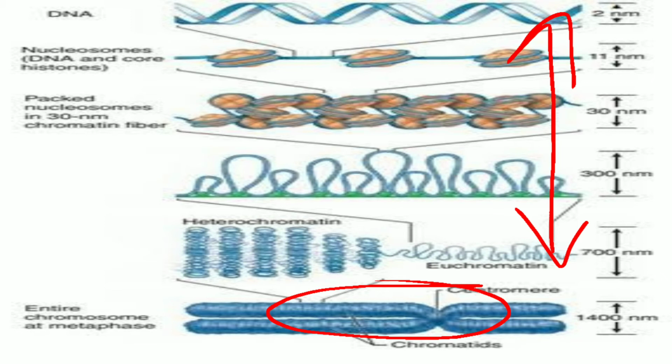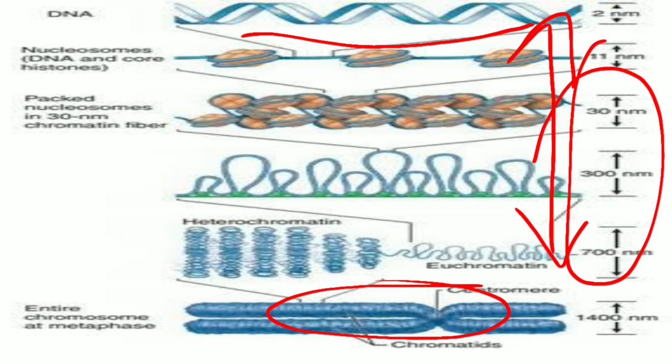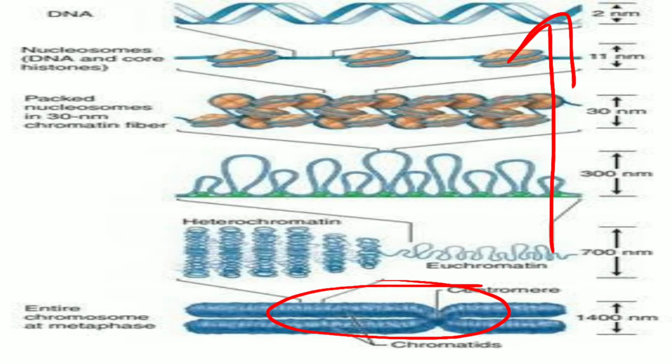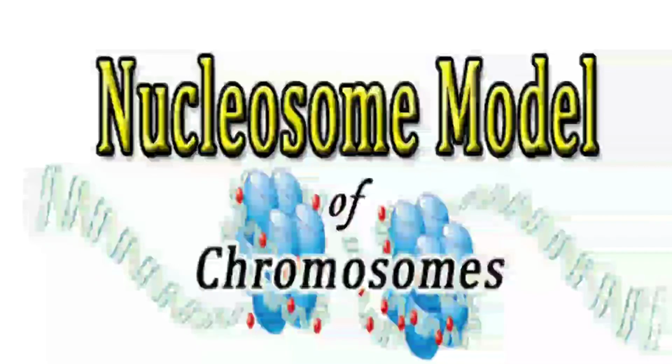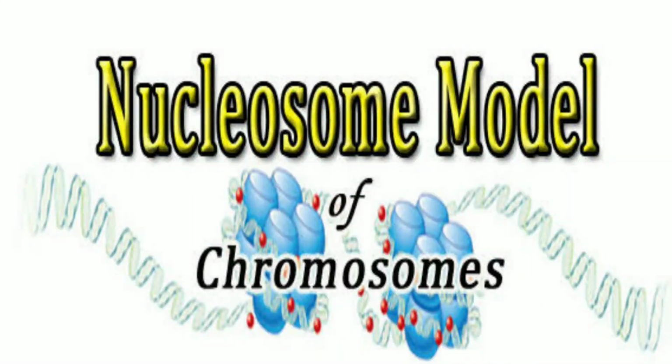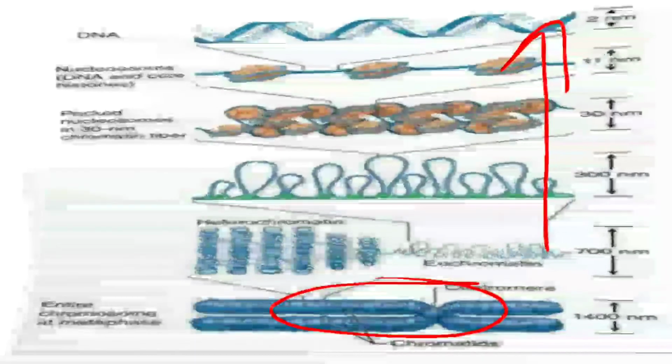The last stage is the DNA of the metaphase chromosome. The dimensions written here indicate known sizes of the intermediates, but the detailed structures are actually hypothetical and they are only based on the studies done under the electron microscope.